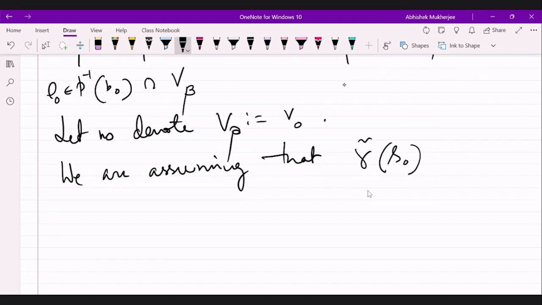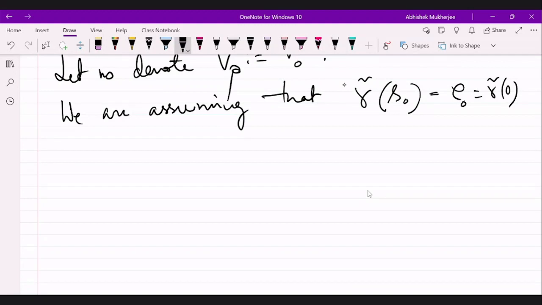That means that might be a path which starts at gamma tilde S naught, right? So that means gamma tilde S naught should be E naught. So this is gamma tilde 0. So we are assuming that gamma tilde S naught must be E naught.